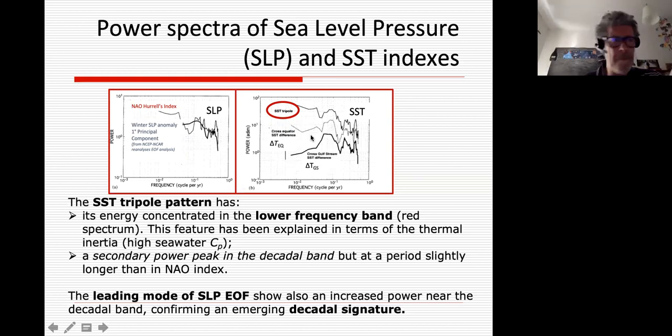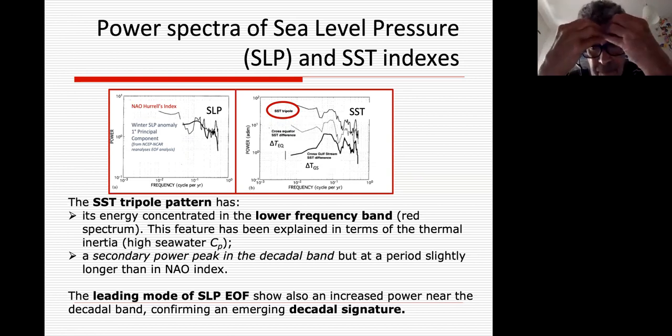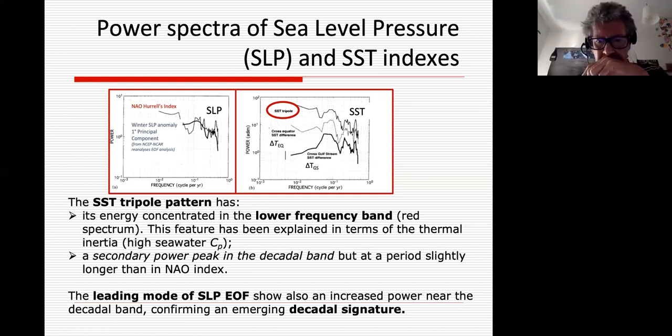So this is the behavior of this gradient, with a different behavior on long time scales, but confirming the presence of this decadal band.